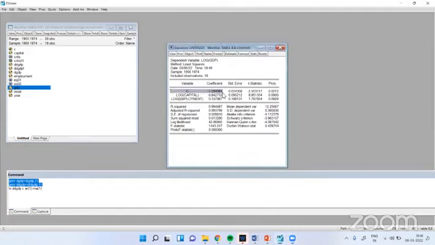Now I'll copy this thing again in the Word file.